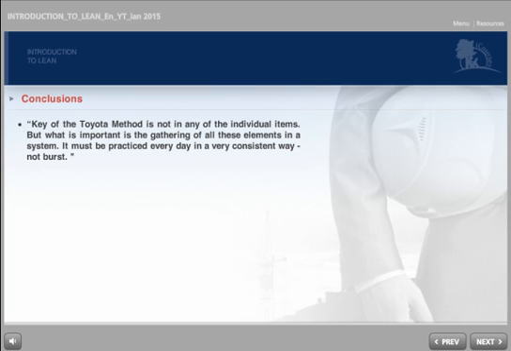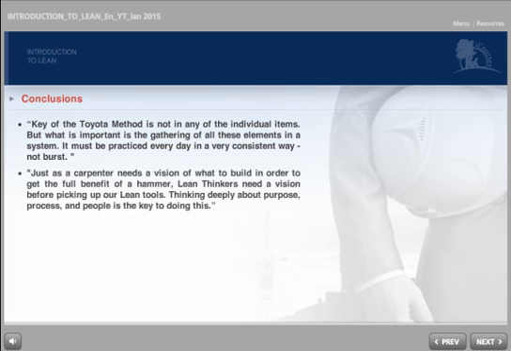Also, lean guru Jim Womack said, "Just as a carpenter needs a vision of what to build in order to get the full benefit of a hammer, lean thinkers need a vision before picking up our lean tools. Thinking deeply about purpose, process, and people is the key to doing this. Remember, lean is not a destination. Lean is a journey." This is the end of our introduction to lean manufacturing.